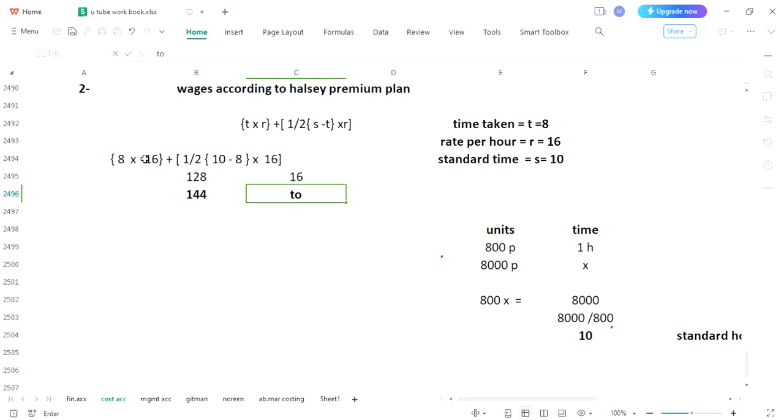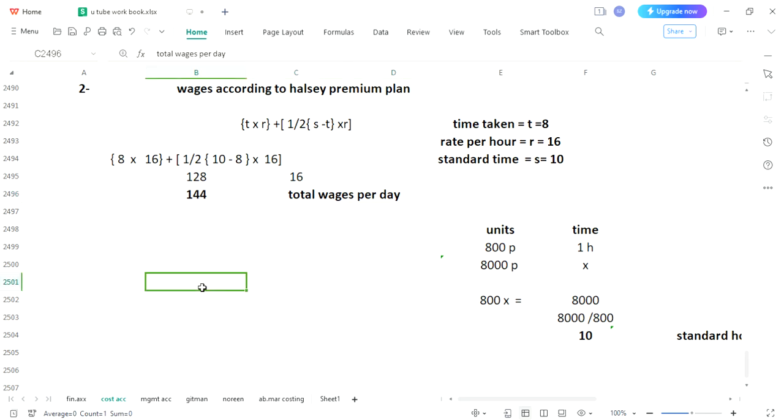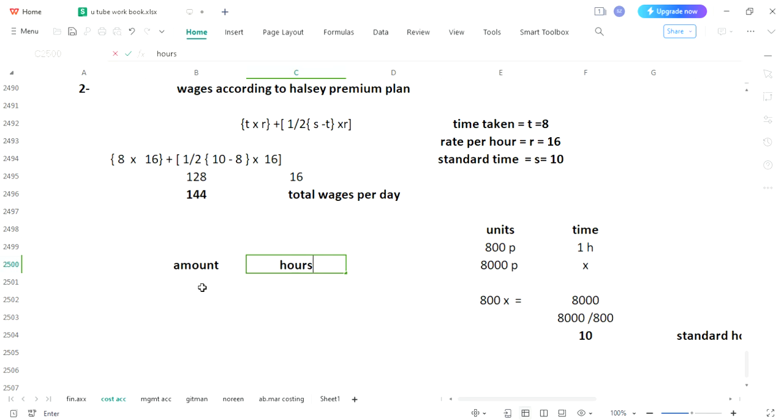Total wages per day. After which we will calculate per hour wages as well, as it was required in your question. For that, per hour wages we will calculate. Amount would be written over here and hours would be mentioned over here.